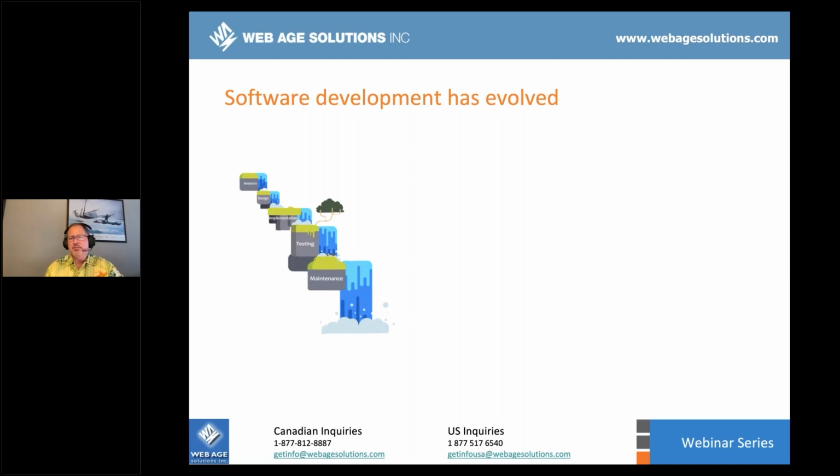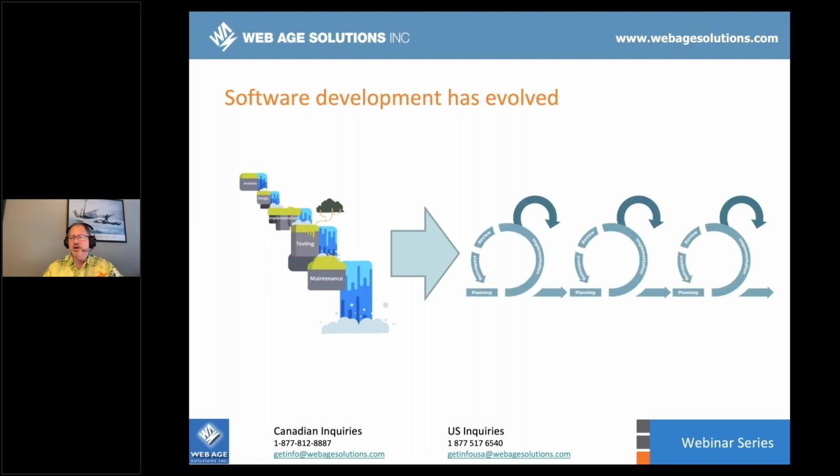And what's been happening in the software development field for several decades now is a move to a more agile methodology, where instead of having to work out everything in one phase before we move on, again, that's a bit of an extreme, we work in iterative sets of iterations. We develop software iteratively over time.